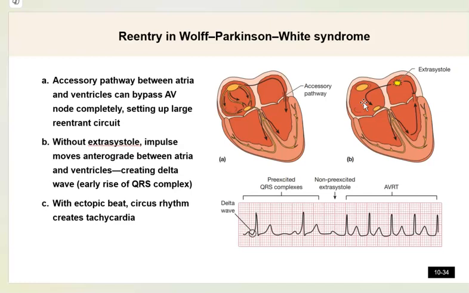So if you ever hear about the delta wave, it should trigger Wolff-Parkinson-White. With that extra beat, the circus rhythm creates this tachycardia. This accessory pathway should not be there, and you just create this loop circuit that goes faster and faster and faster. Shouldn't be there.